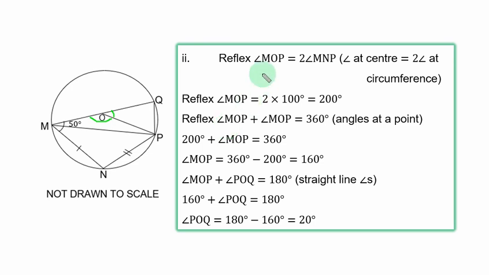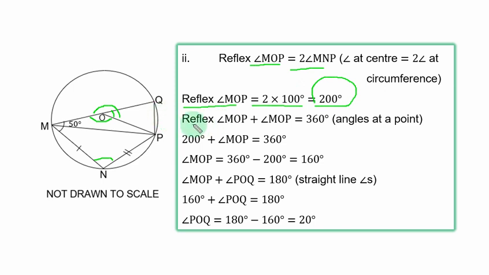The reflex angle MOP is equal to 2 times angle MNP, that is this angle that we obtained in Roman figure 1. Angle at center is twice angle at circumference. The reflex angle MOP becomes 2 times 100 degrees, that is 200 degrees.